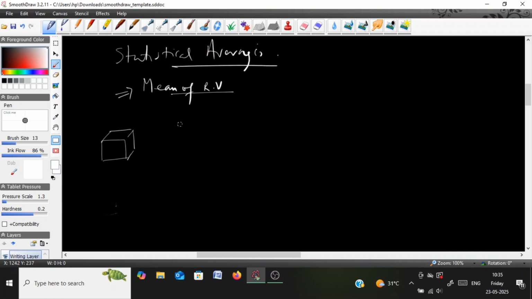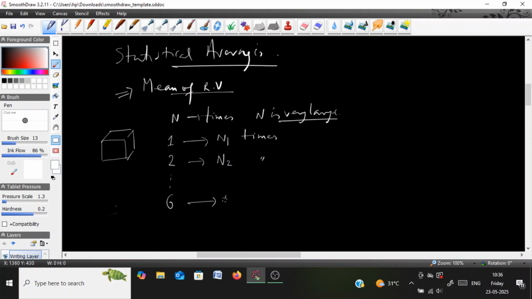So if you roll this dice, suppose n times, and n is very large, and suppose the number 1 appears n1 times. Likewise, the number 2 appears n2 times, number 3 appears n3 times, and so on, and number 6 appears n6 times.